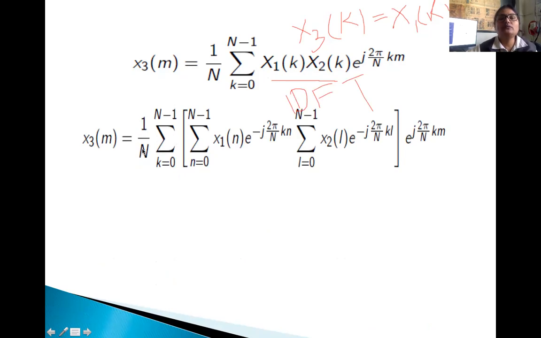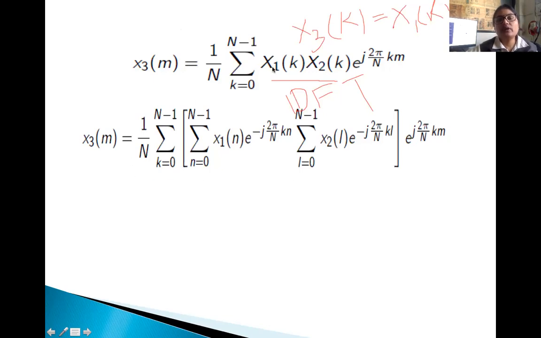1 upon n is outside. Summation K varies from 0 to n minus 1. This is the term which we have kept as it is.